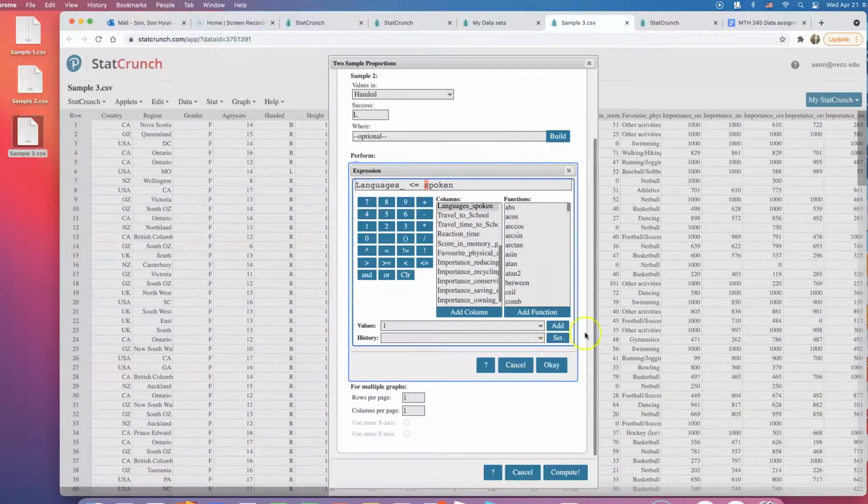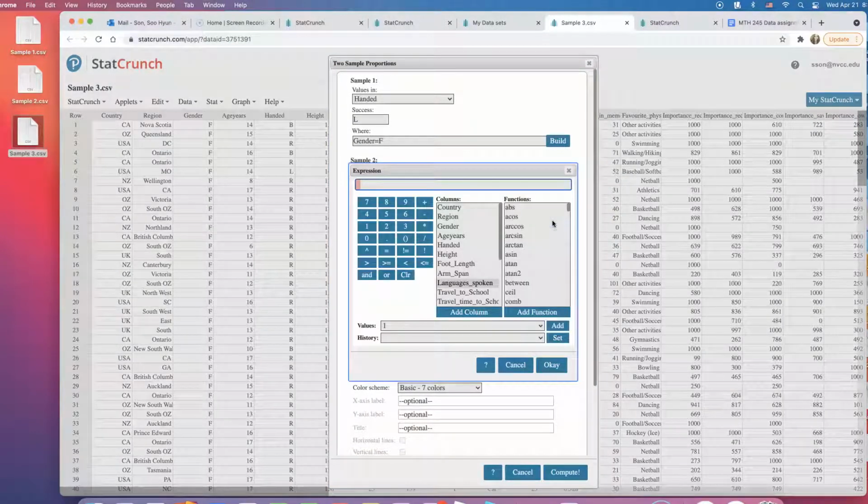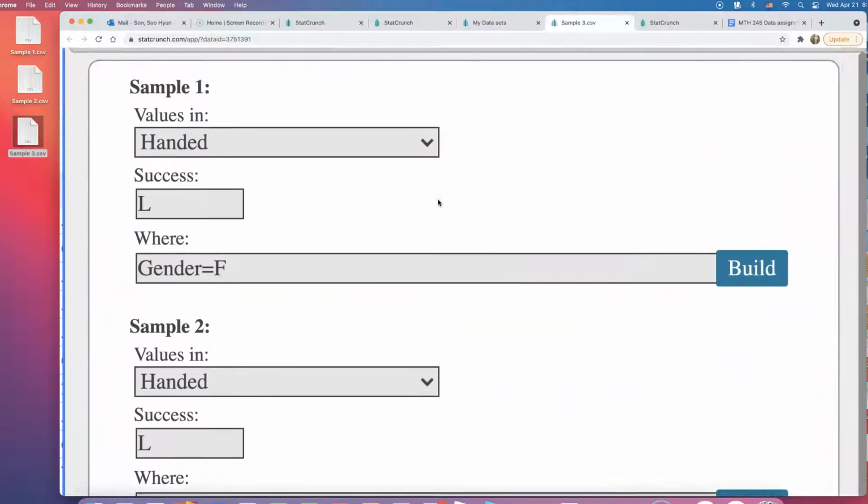Oh goodness, let me try again. Build, handed equals, oh no, dear, I'm so sorry, I'm distracted this morning. Gender equals male.